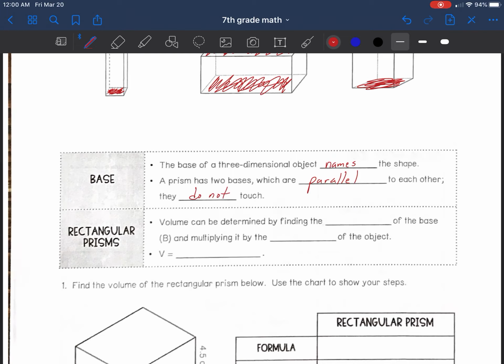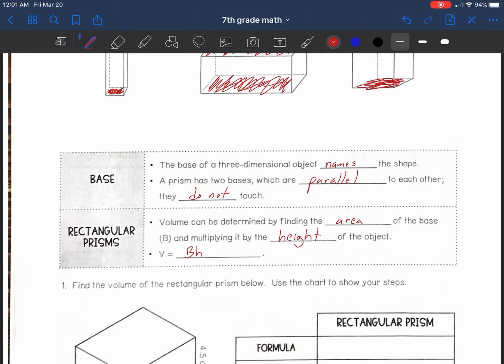Volume can be determined by finding the area of the base, shown by the capital B, and multiplying it by the height of the object. So the formula you would see is V equals capital B times lowercase h, which is volume equals B times height, with a capital B, which stands for the area of the base.